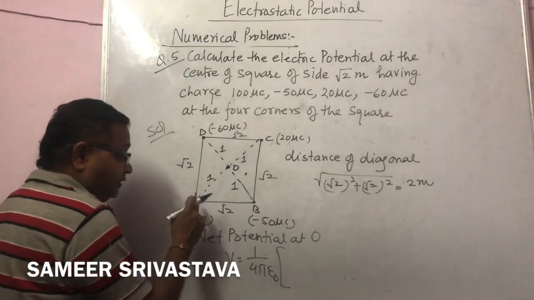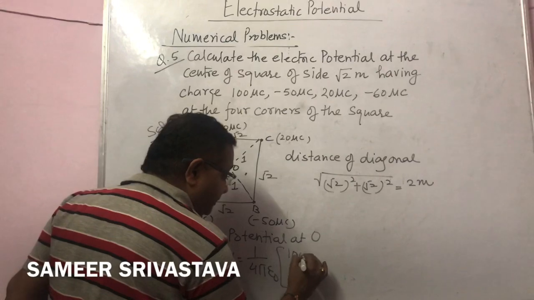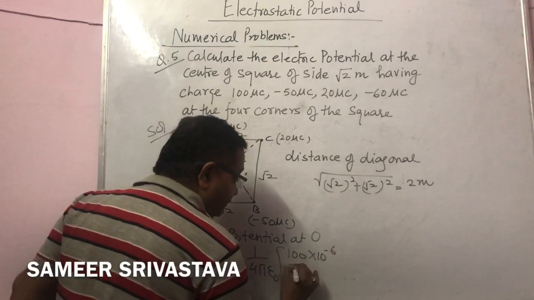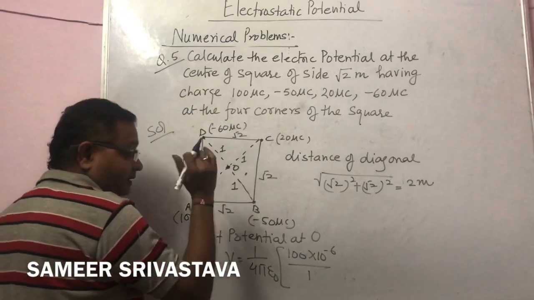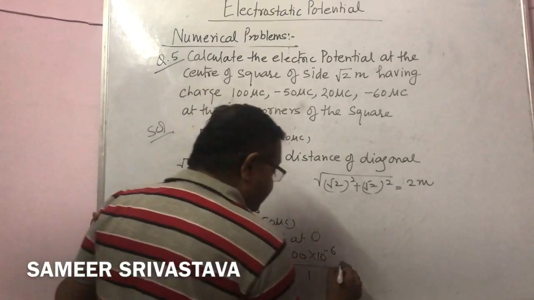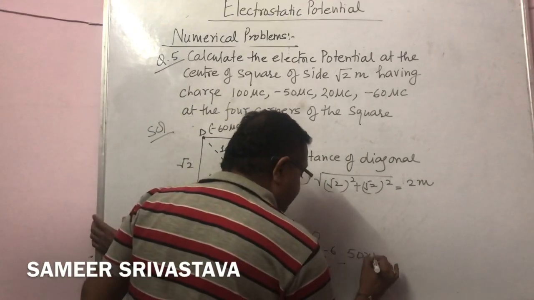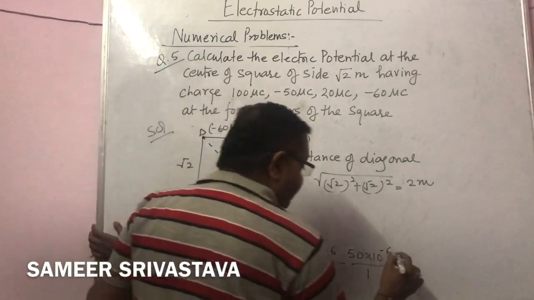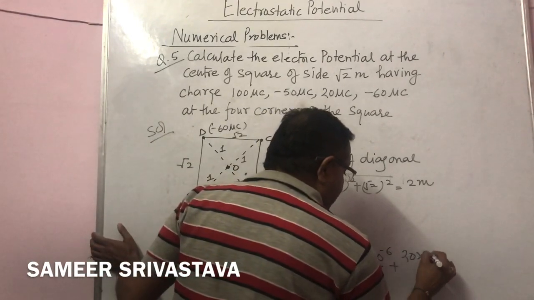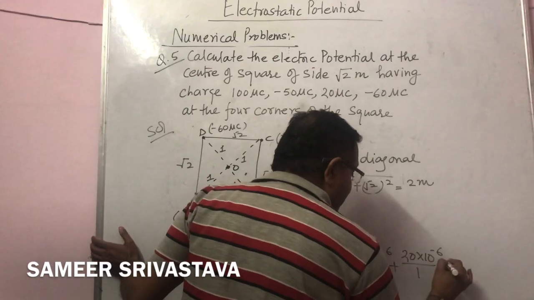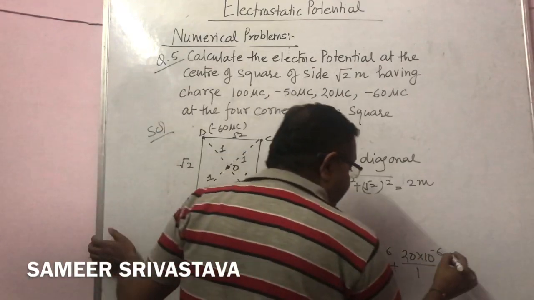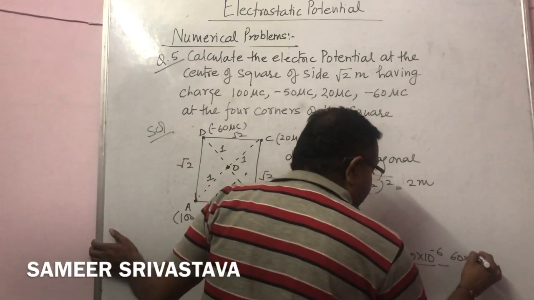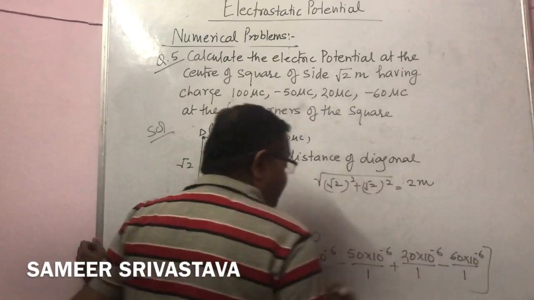For this charge, 100 into 10 to the power minus 6 upon 1. The second charge is negative, so minus 50 into 10 to the power minus 6 upon 1. The third charge is positive, 20 into 10 to the power minus 6 upon 1. The fourth charge is again negative, minus 60 into 10 to the power minus 6 upon 1.